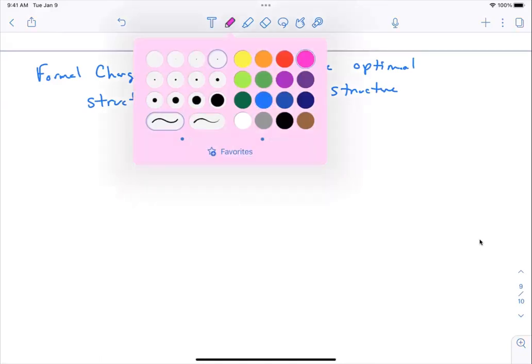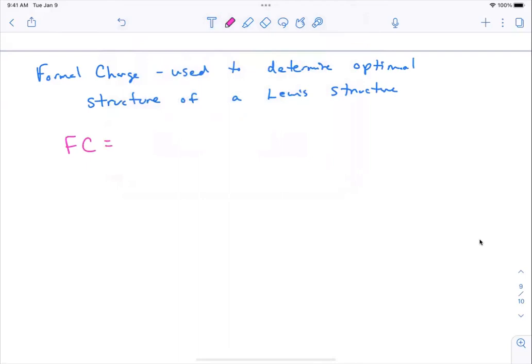So you calculate formal charge of an atom as the valence electrons it has minus the bonding electrons minus the lone electrons. Not lone pairs, but lone electrons. So a lone pair is two lone electrons.